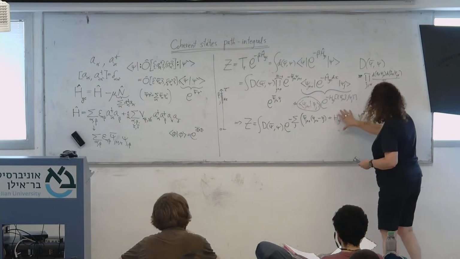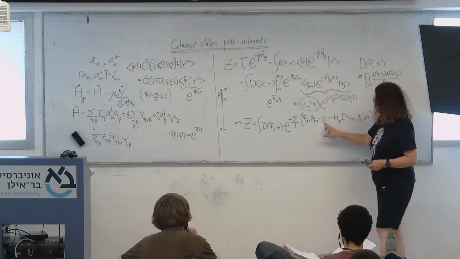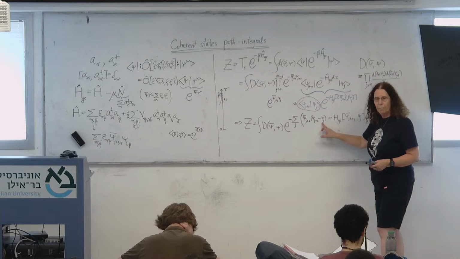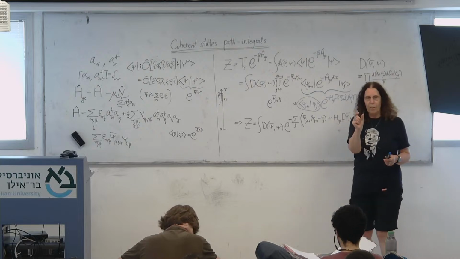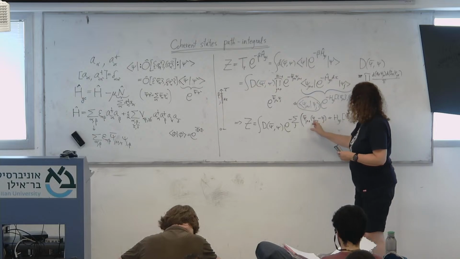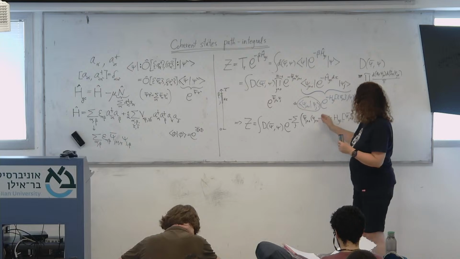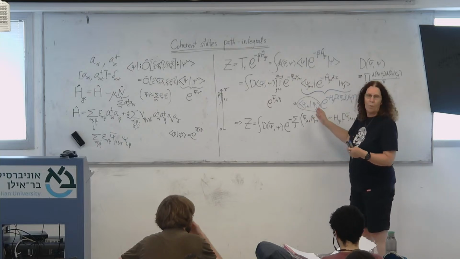And here I have some expression for the Hamiltonian, but notice that I have a difference between psi j plus 1 minus psi j. Remember that we want to take the limit that psi j and psi j plus 1 are separated by a small step, like changing tau to tau plus d tau.